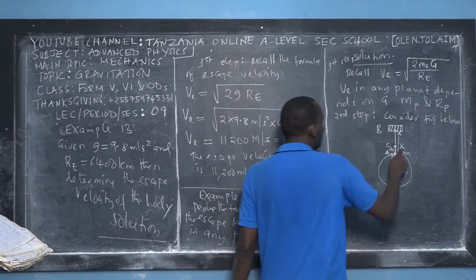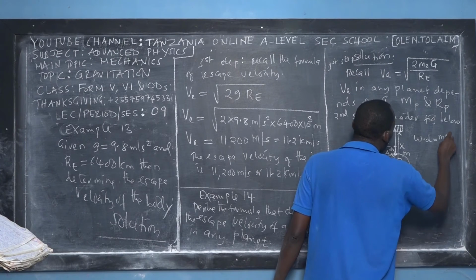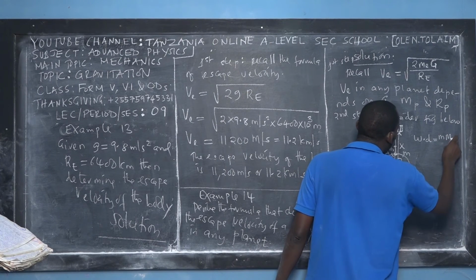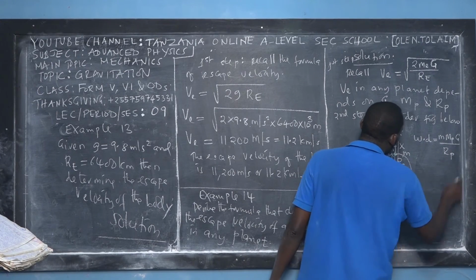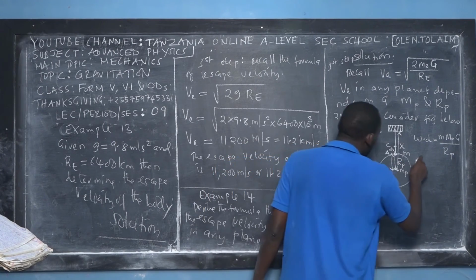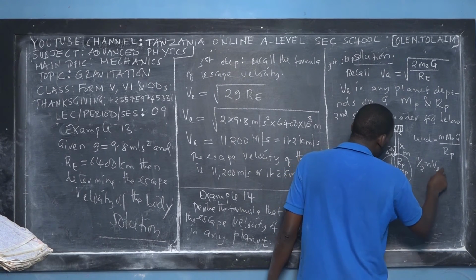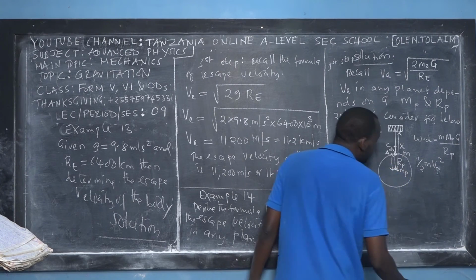Similarly, you derive the work done required, and you'll find that it is the mass of the body times the mass of the planet times the gravitational constant over the radius of the planet. And thus, you know, the kinetic energy of the body is equal to a half mass times the escape velocity in any other planet, squared.